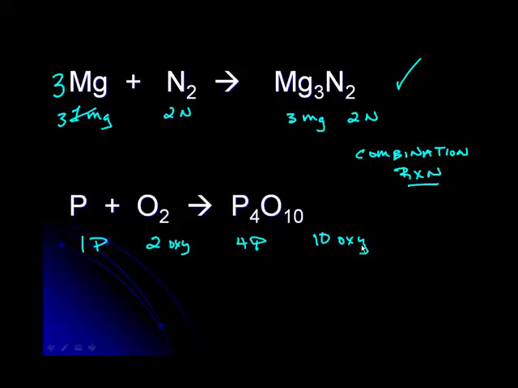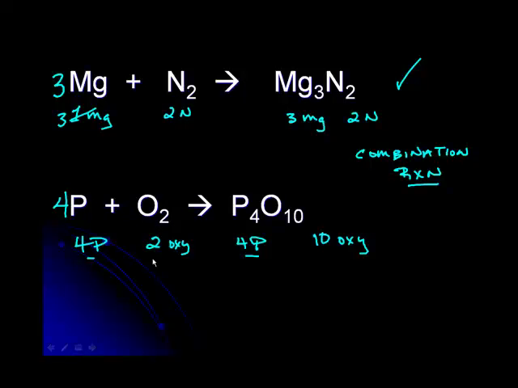You're going to want to do these in pencil because you're going to be changing numbers on some of them. So I'm just going to start with phosphorus because it's the first one there. On the left, I've got 1. On the right, I have 4. So I need to make this 4. This now gives me 4 phosphorus on the left, 4 phosphorus on the right.